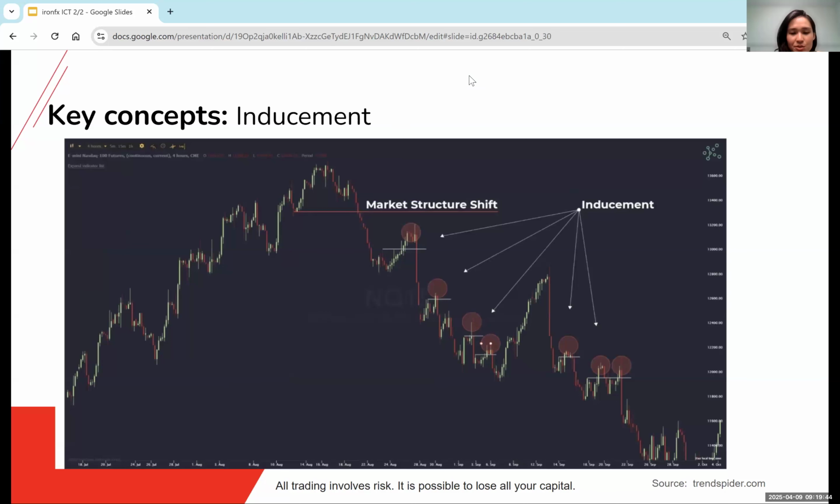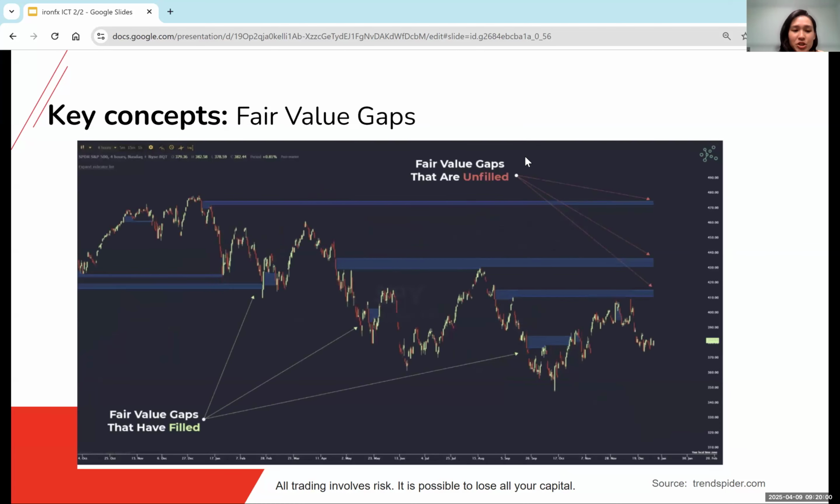Okay, so oftentimes we will look for an inducement first. We're looking for price that sweeps liquidity, which basically means there are equal highs and lows. Then we look for these FVGs. These FVGs tell us that there is a strong displacement confirmation that is gaining institutional interest.